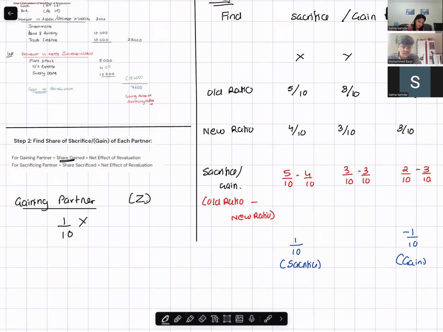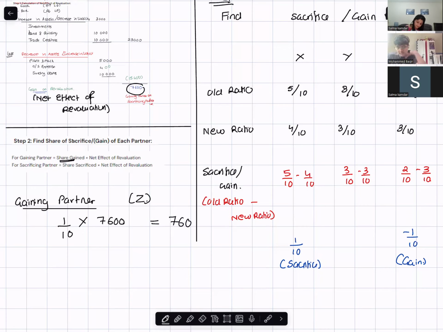And net effect of revaluation is how much? 7,600 gain, this is the net effect of revaluation. So gaining partner 760.